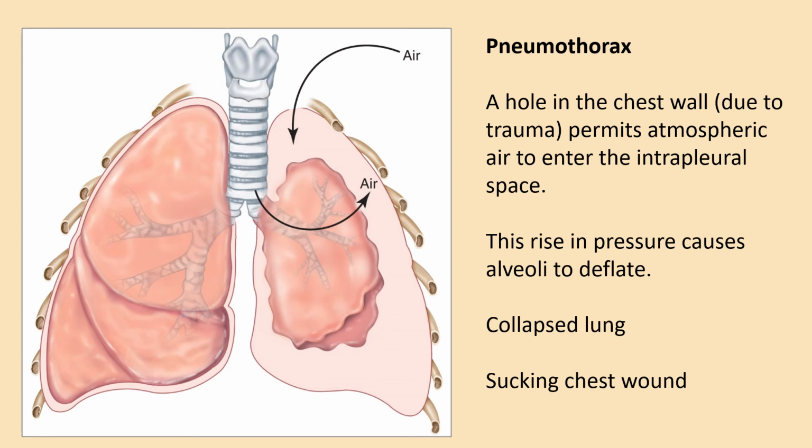So it's exterior to the pleura, between the pleura and the chest wall. That causes a rise in air pressure, intrathoracic pressure, and the alveoli deflate. This is also known as a collapsed lung. And sometimes it's referred to as a sucking chest wound.